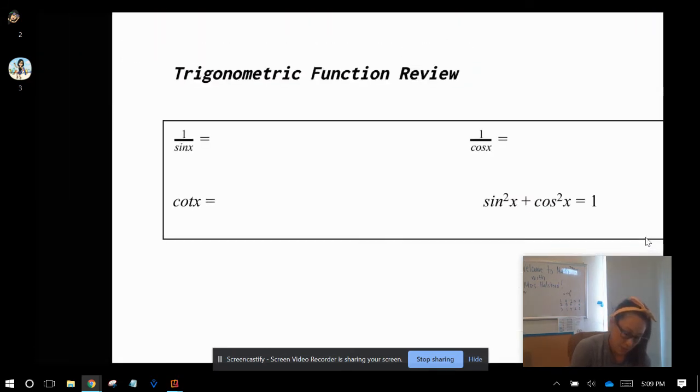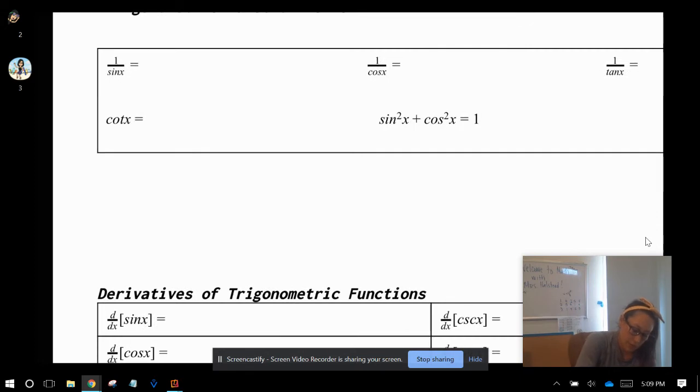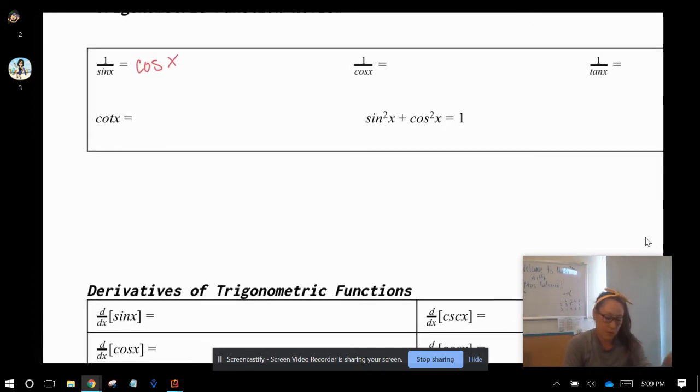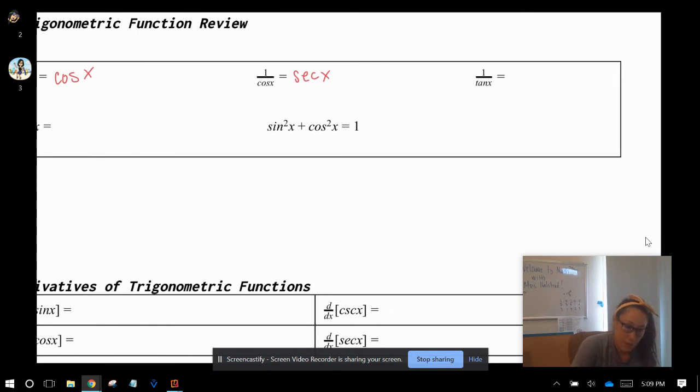All right, so let's have a little review here. The reciprocal of cosine is secant x, and the reciprocal of tangent is cotangent of x.